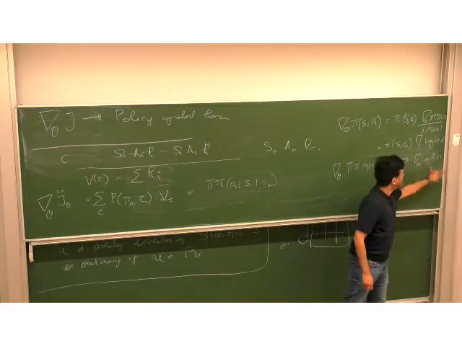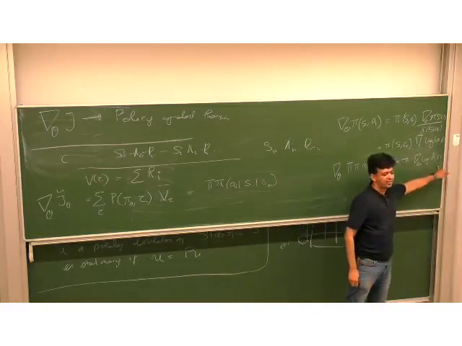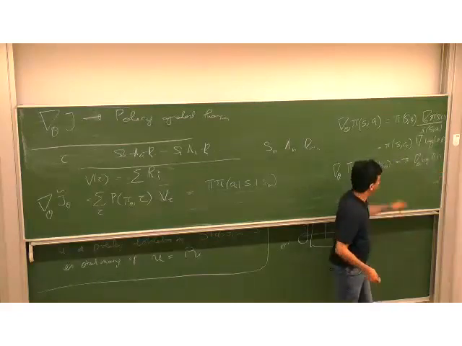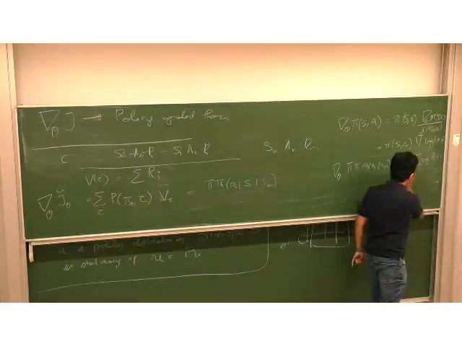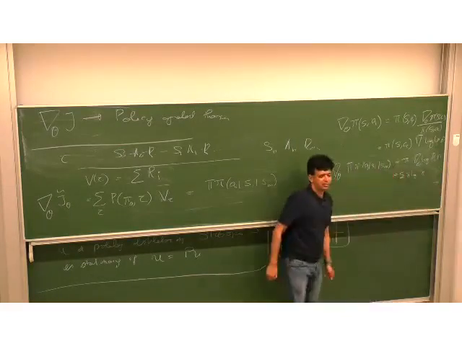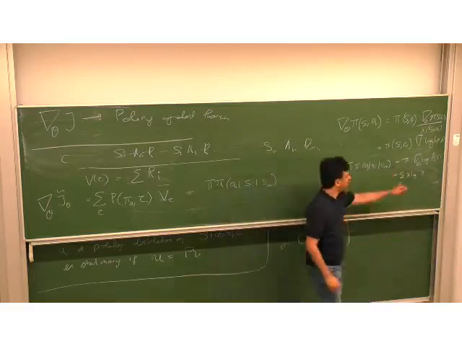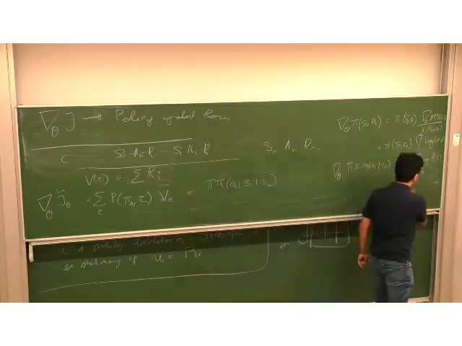Plug this in here. Log of a product is a sum. So you will get here some sum like pi log pi. And this sum you can then rewrite as expectation of log pi.